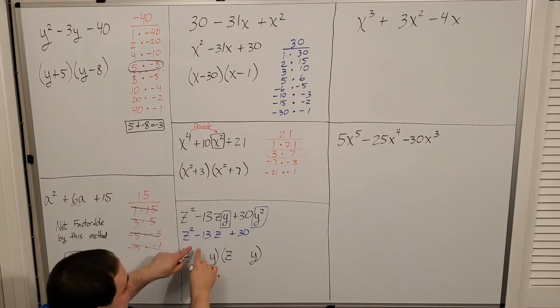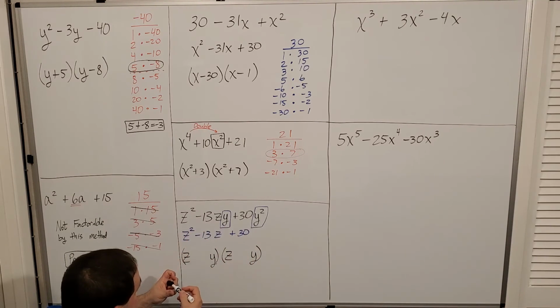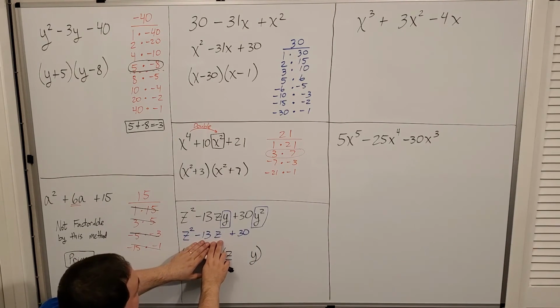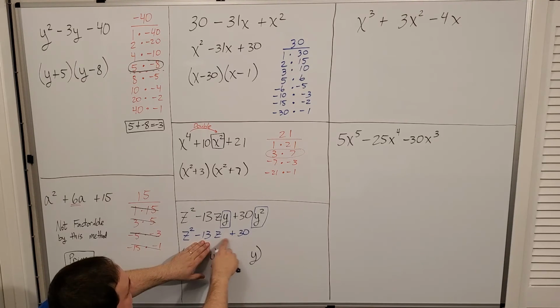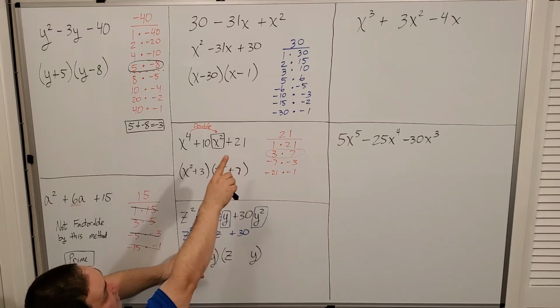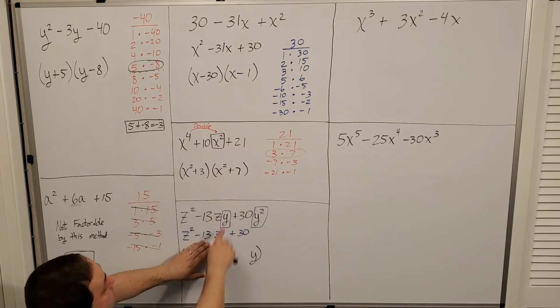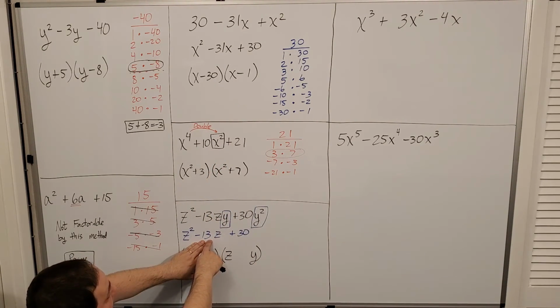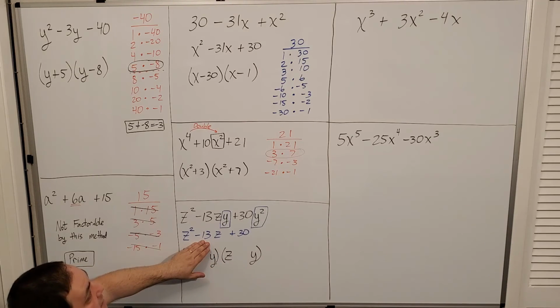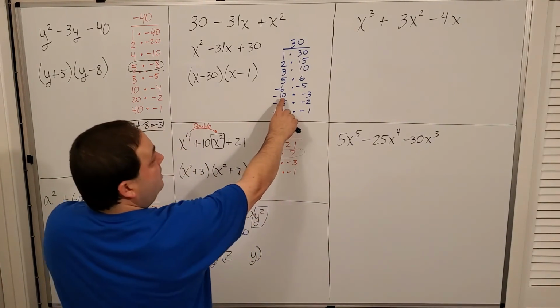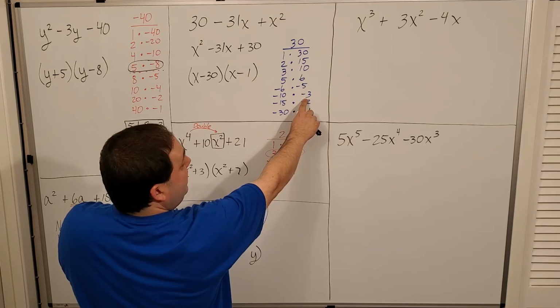But it's exactly like factoring this one. So for a moment, pretend you're factoring this one here, right? Z squared minus 13z plus 30. We've already got a list for the 30 over there, right? So what are two things that add to get negative 13? Wouldn't that be negative 10 and negative 3?